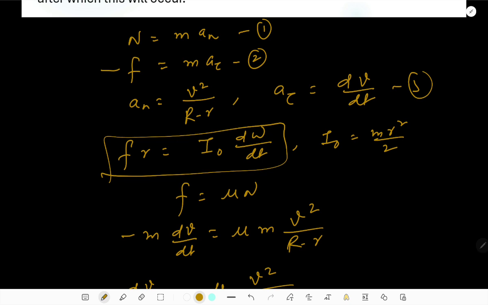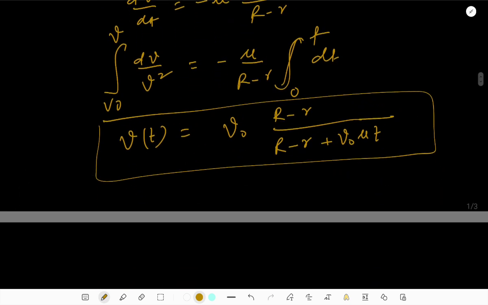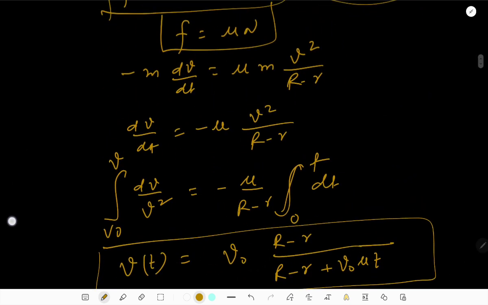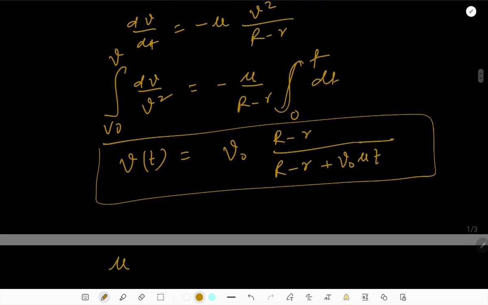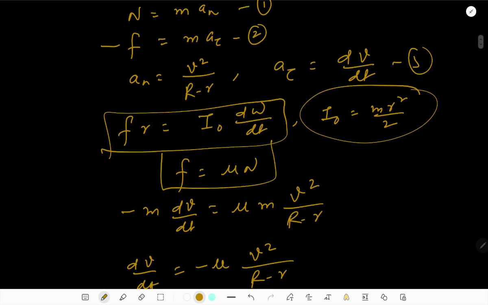F you can write here as mu N, and put mu N, and N equals this, and then you can get your omega. And also use I naught. So I'm going to use all those things. F equals mu N. N is what? N is m a_n, and a_n is this.